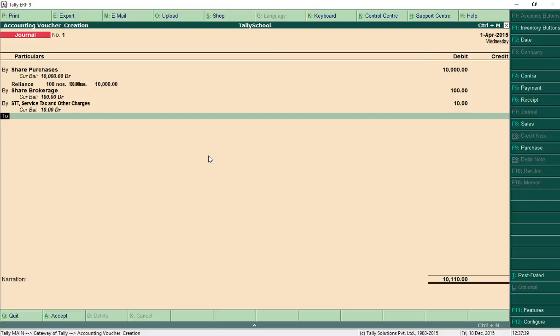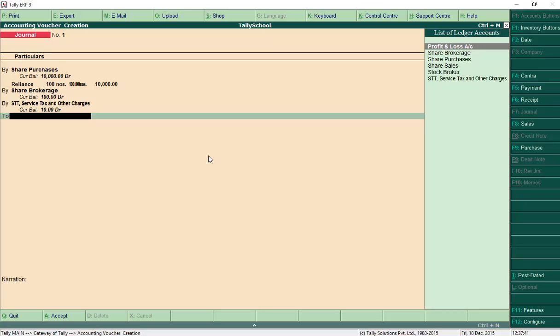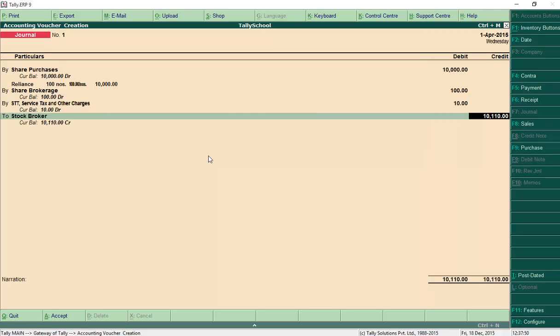Now we have to credit our broker, and he becomes our creditor as I explained earlier. So to stock broker, and Tally will automatically take the amount, that is 10,110 rupees.